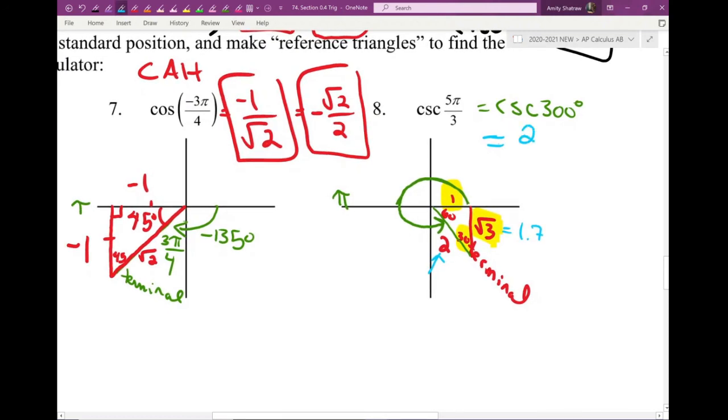The radius is 2, and y is this value right here. The up and down value is the square root of 3. And by the way, I'm so sorry, I forgot to mention that it's negative. Because remember, I'm over here on the negative part of the y-axis. I don't have a height up here. That would be the positive. When I come up here, if I had made a triangle up here, this height would be positive. No, I made a triangle down here, which means I have a negative height.